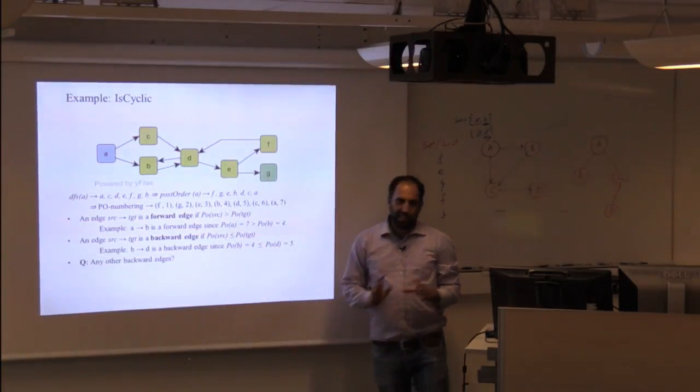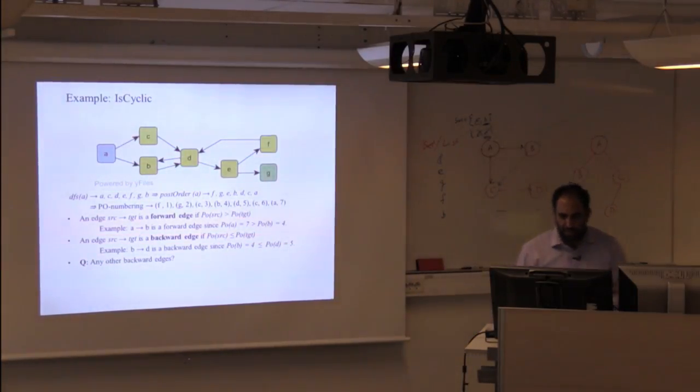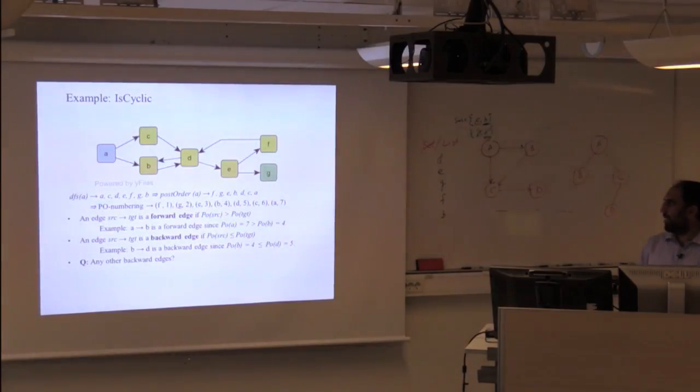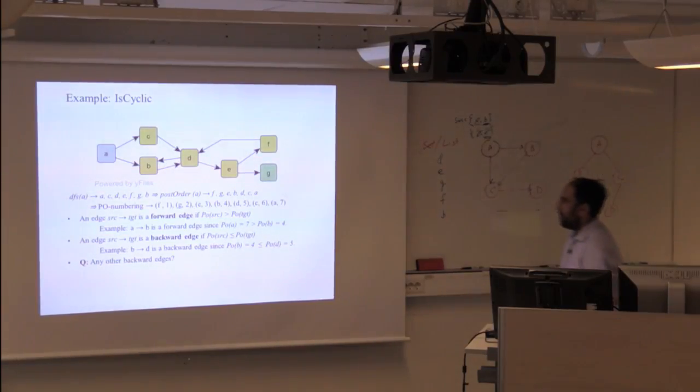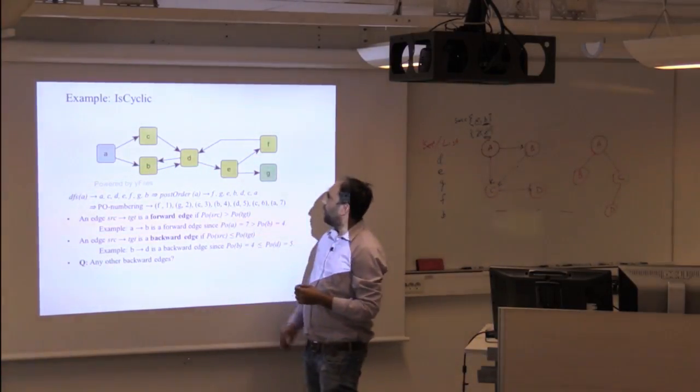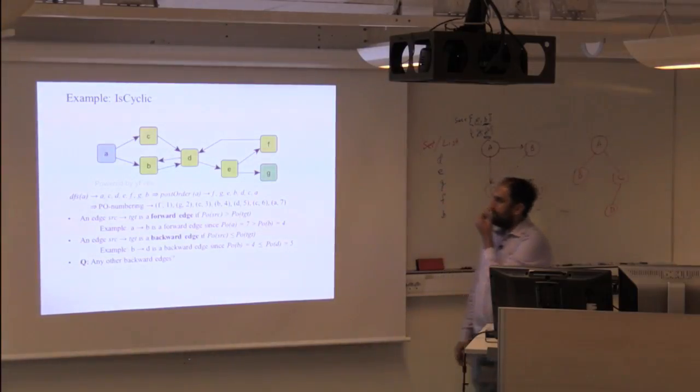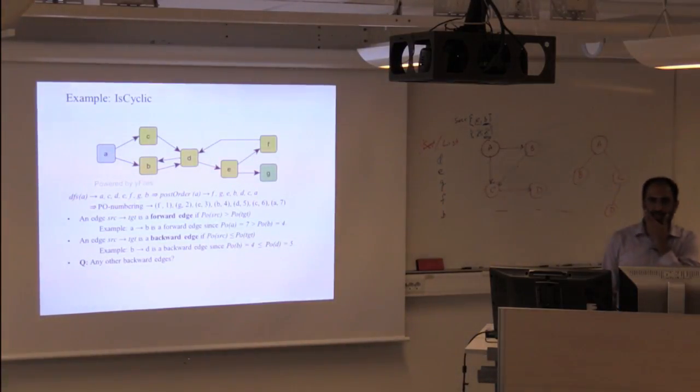And if in a graph you have at least one backward edge, then that graph will be a cyclic graph. So we have seen one backward edge. Can you find any other backward edge in this, where the post order number of the source is less than or equal to that of the target?